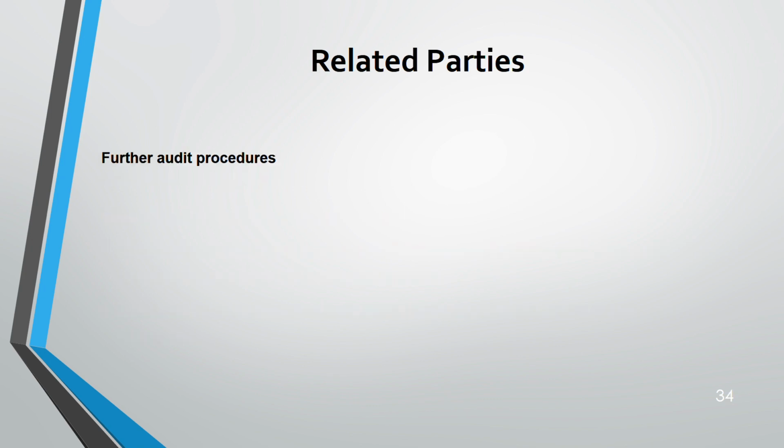Now, further audit procedure. Now we are moving on to the main theme of this lecture, which is audit procedure in general. So, audit procedures relating to related parties. Inspect the prior year working papers.